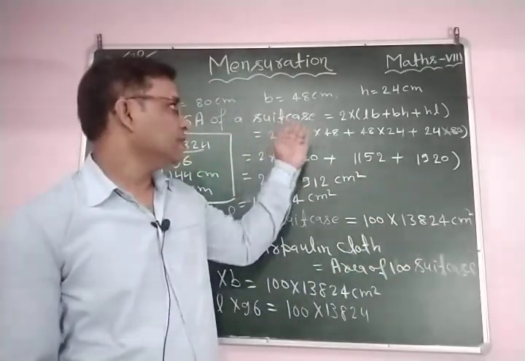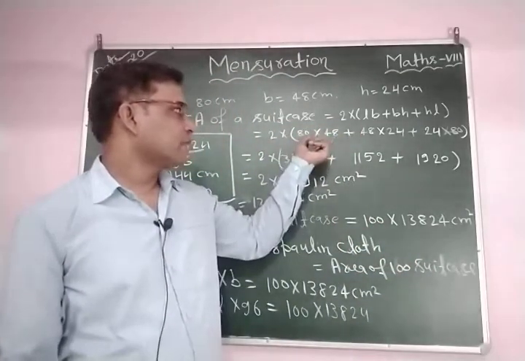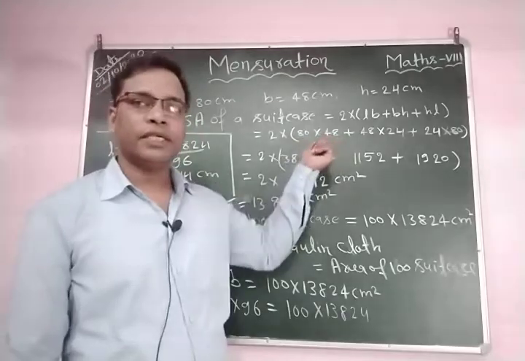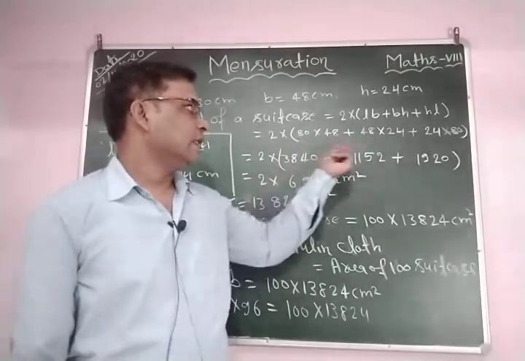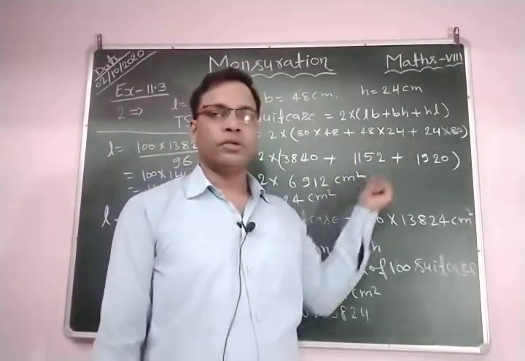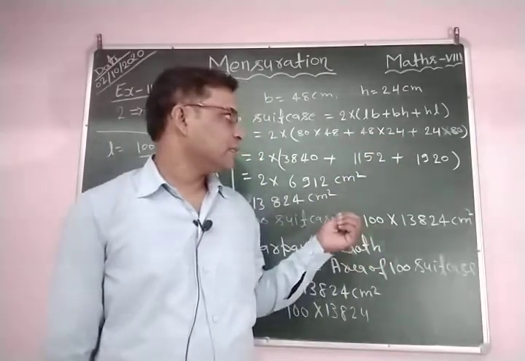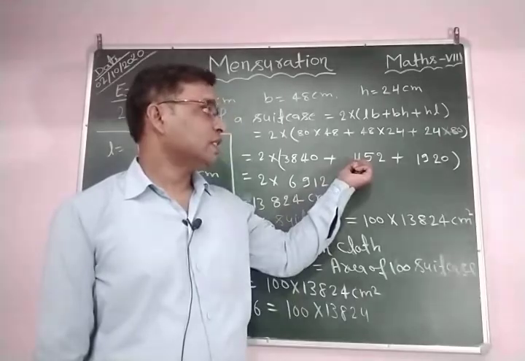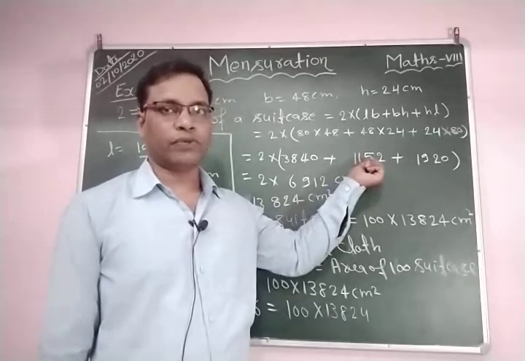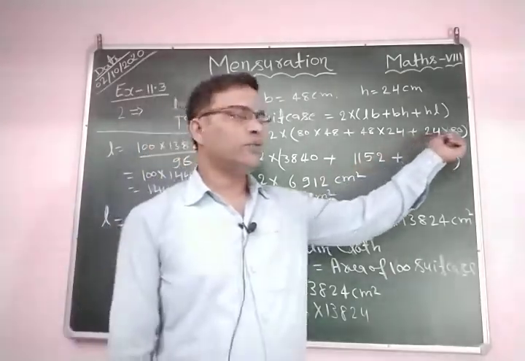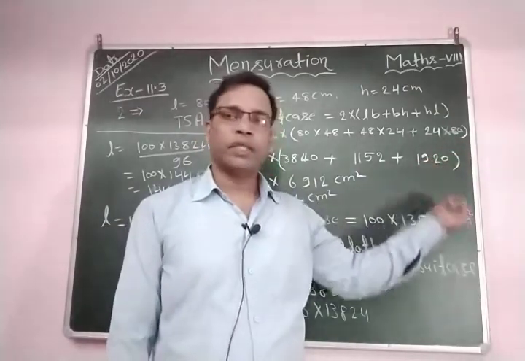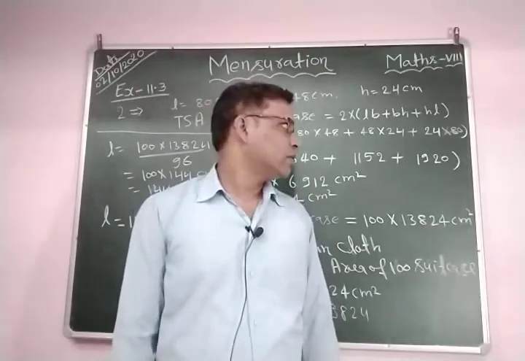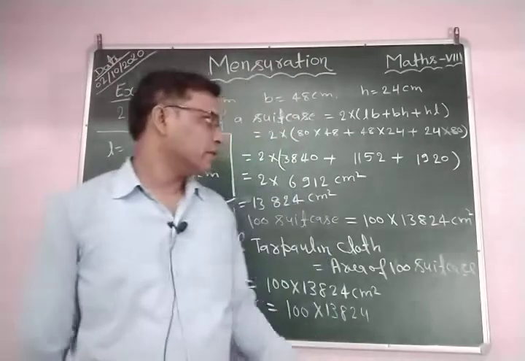If you put them in and multiply 80 into 48, you obtain 3840, and the next, 48 into 24, when you multiply this, we obtain 1152 centimeter square, and this is 24 into 80 centimeter square. If you multiply this, you obtain 1920 centimeter square.